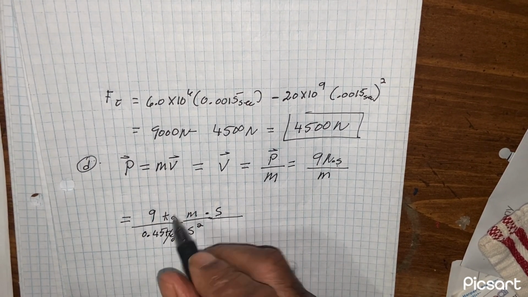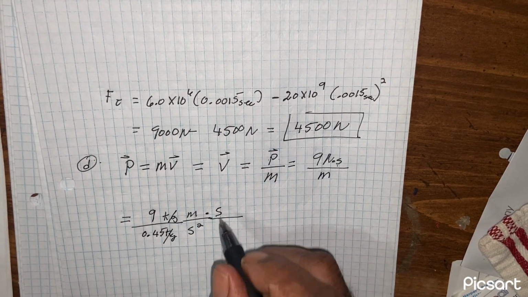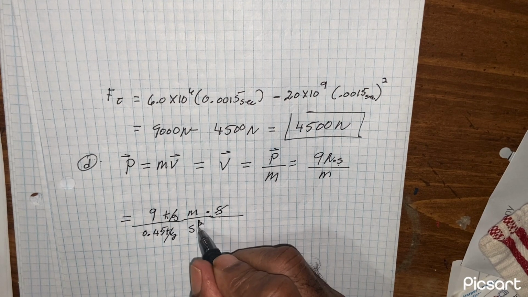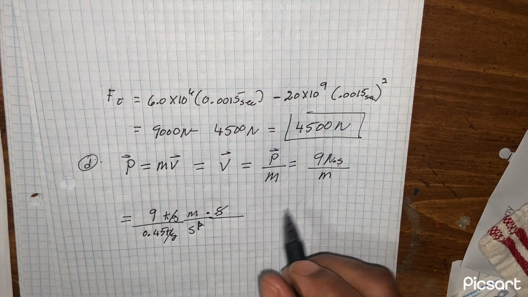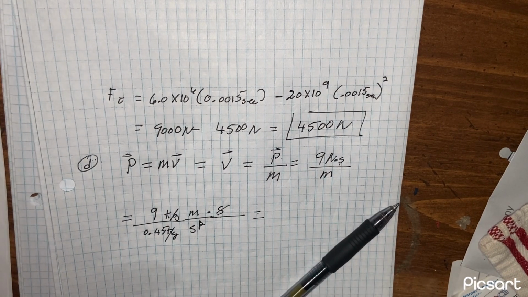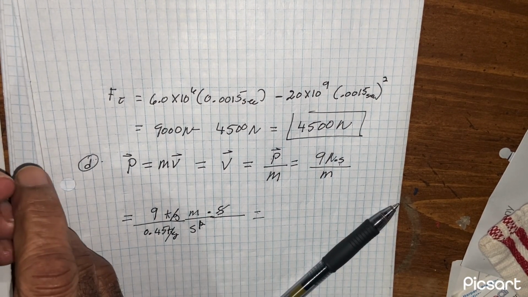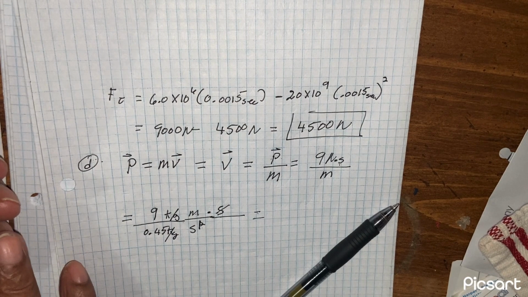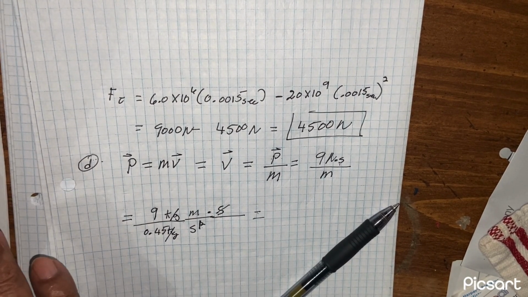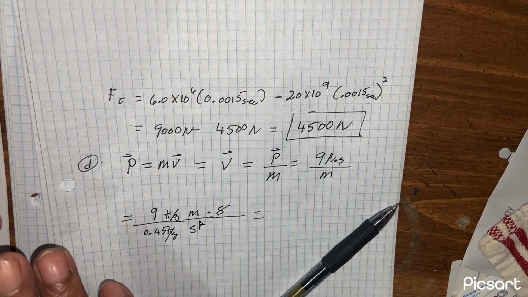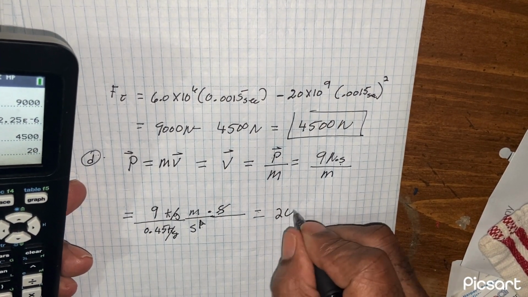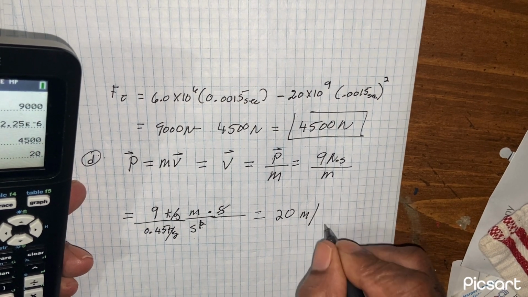So kilograms will cancel, one of the seconds will cancel, and we're going to have meters per second. That's what we want for velocity. So let's just finish this up. 9 divided by 0.45. So what we're going to get is 20 meters per second.